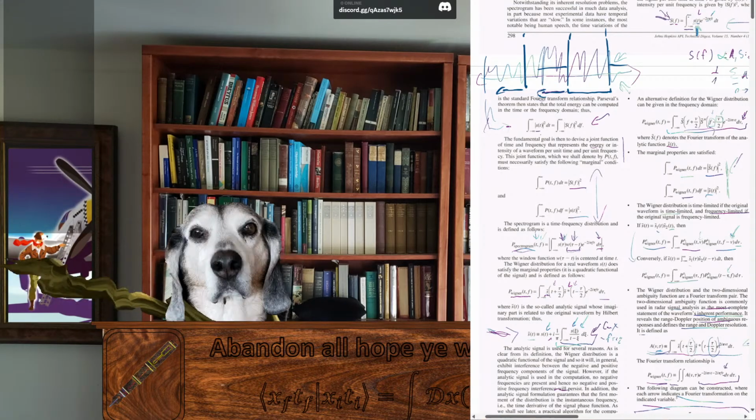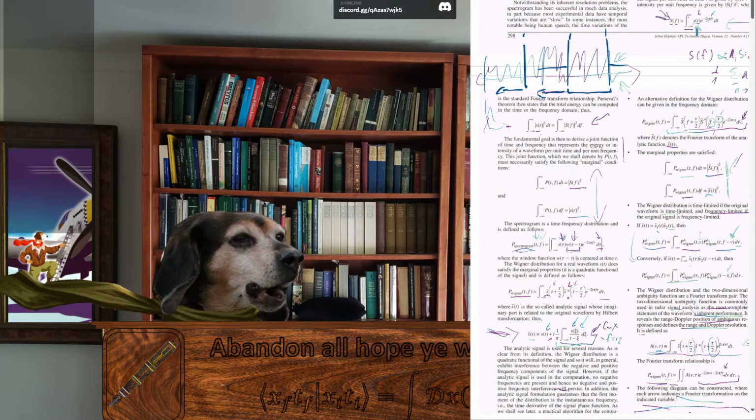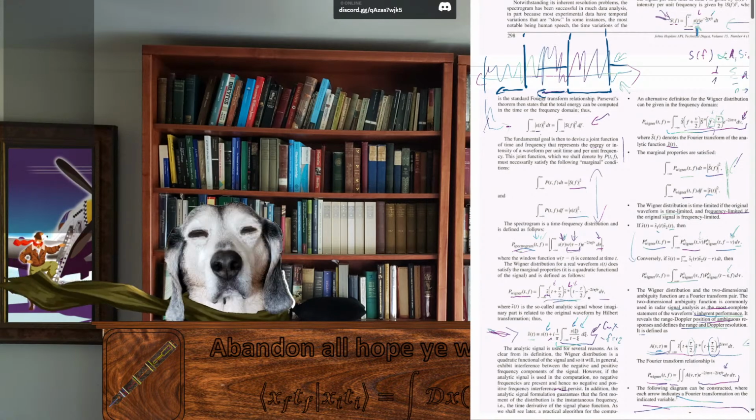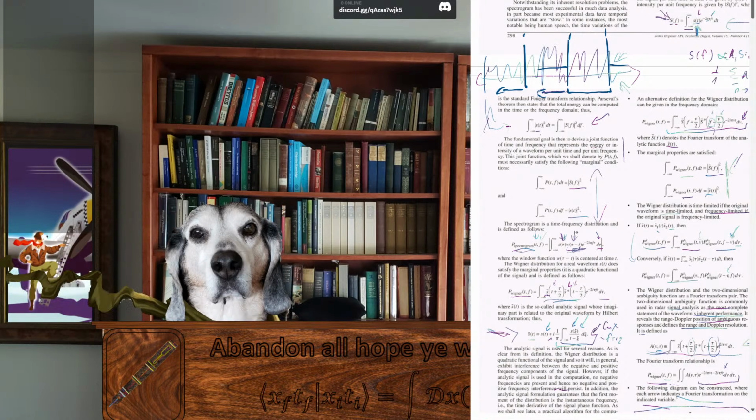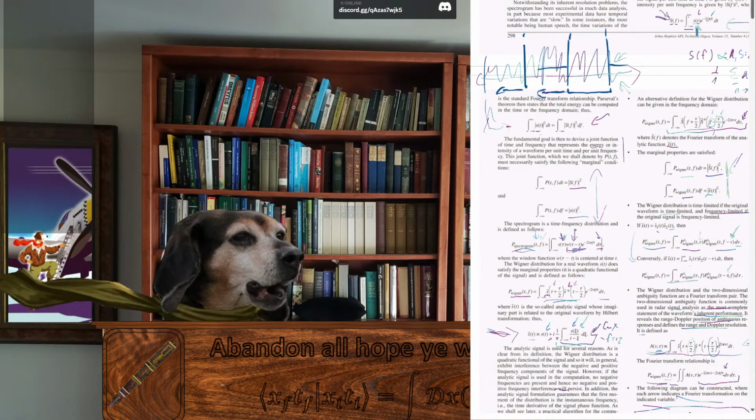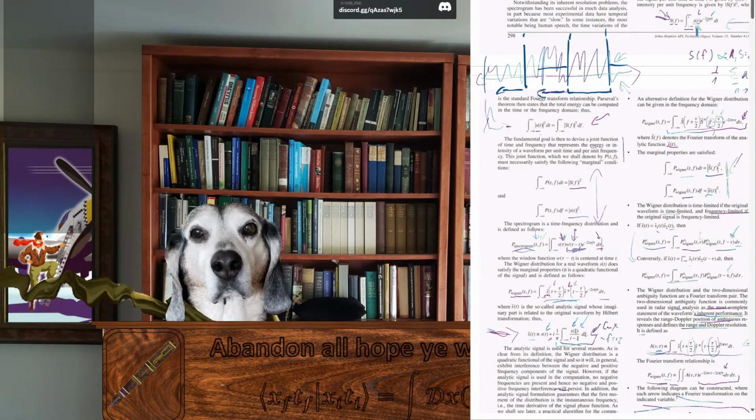We've defined this Wigner function, which looks kind of like this. And we've defined an ambiguity function, which looks very similar. We've defined a spectrogram function, which looks the same, except we have this other little function thrown in the middle, this windowing function that we've thrown in.